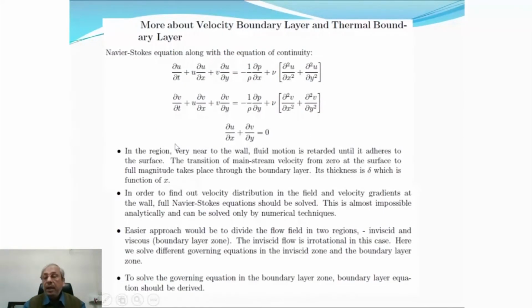Now we will very briefly try to derive the boundary layer equations, the governing equations for the boundary layers. So in 2D, if we write the full Navier-Stokes equations for incompressible flow, we can write del u del t plus u del u del x plus v del u del y equal to minus 1 by rho del P del x plus nu into del 2u del x2 plus del 2u del y2.